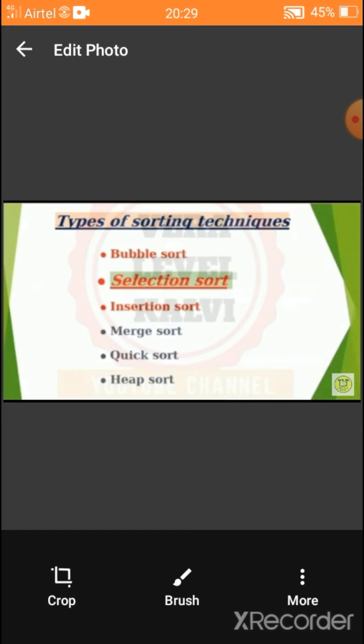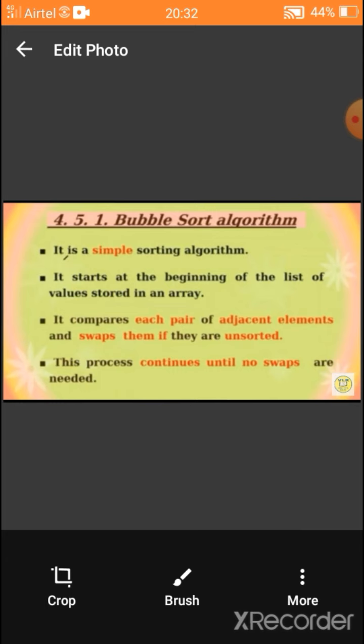It checks the first two elements. If they are sorted, it just skips to the next two adjacent elements. If they need to be sorted, it swaps. What is meant by swap? Swap means interchange.